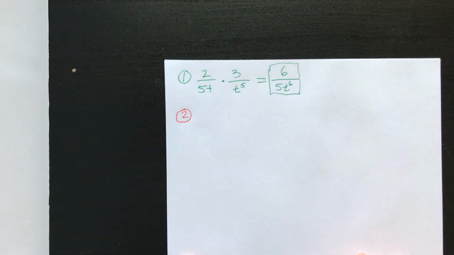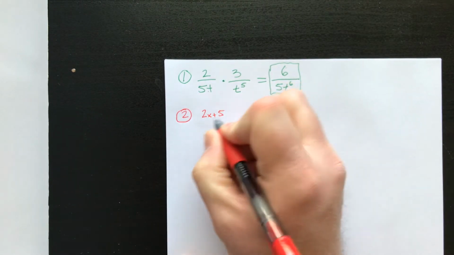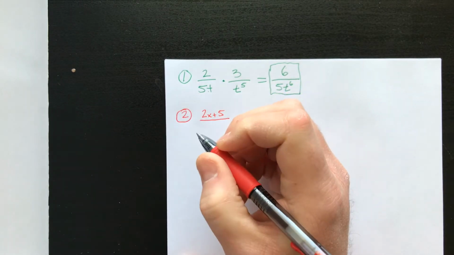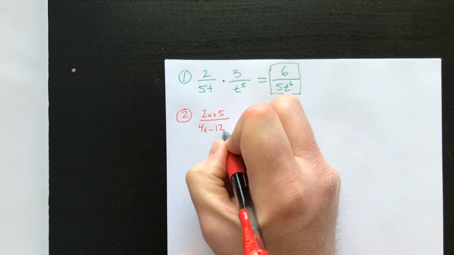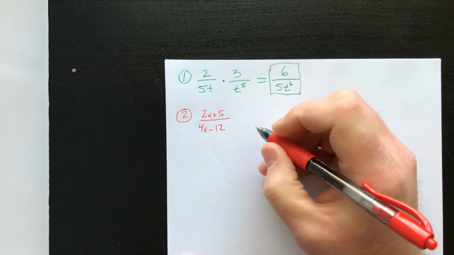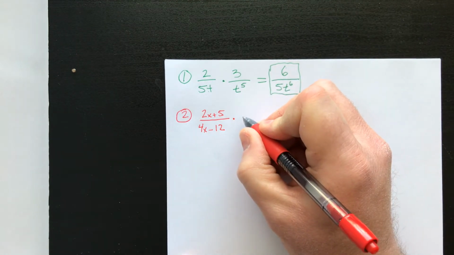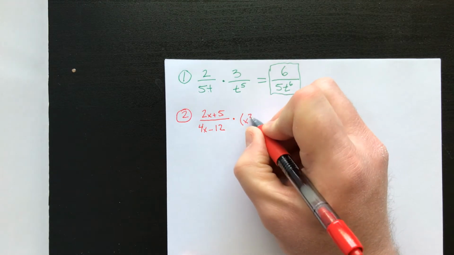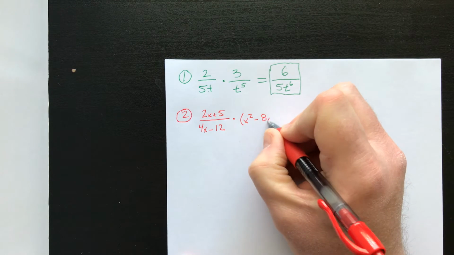Number 2, we got 2x plus 5 all over 4x minus 12, and we're multiplying this by x squared minus 8x plus 15.